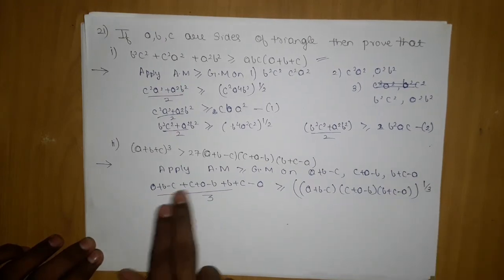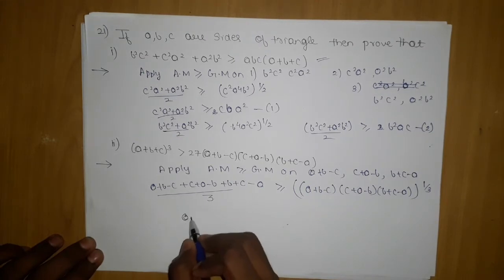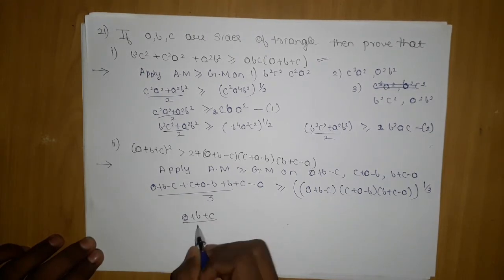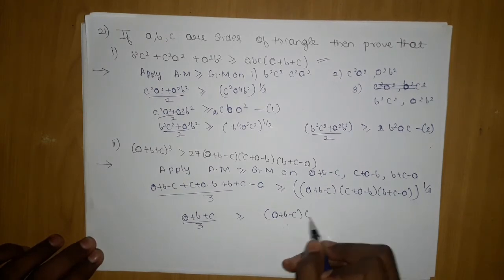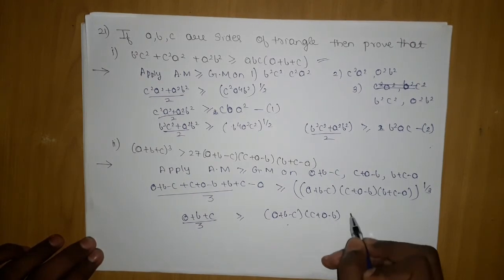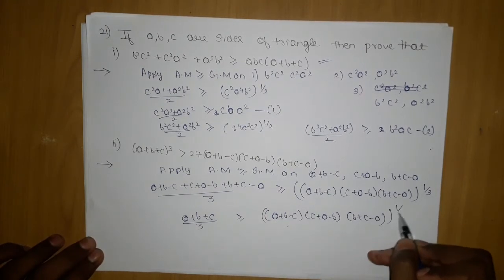Here you can see this will cancel out with this, and this with this, so we are left with a plus b plus c by 3 is greater than or equal to a plus b minus c, c plus a minus b, and b plus c minus a, the whole power 1 by 3.